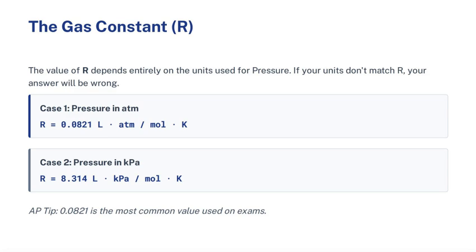Usually 0.0821 is the most common value used on an AP exam. So R has to match whatever pressure unit you're using.